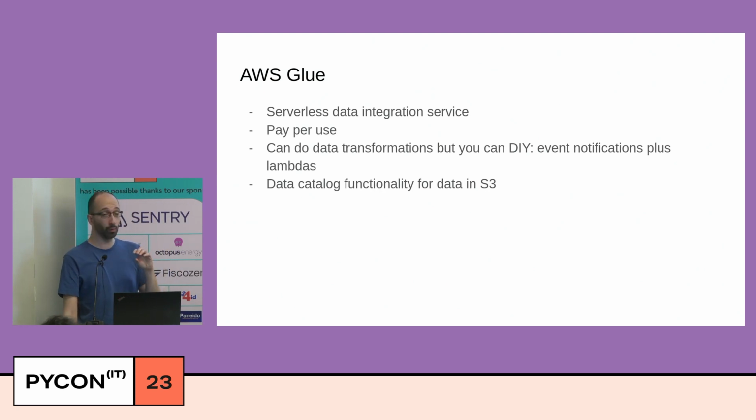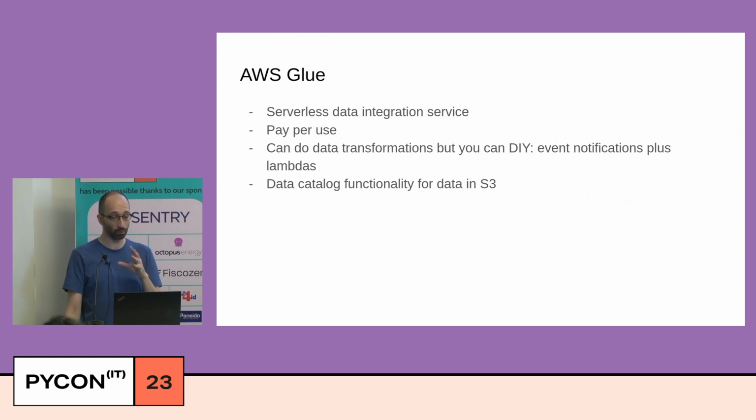We are not doing any transformation of the data once we store it on S3. But if you require any cleaning or transformation, aggregation, whatever, you can do it here in Glue. You can choose to use its own interface, which is based on Apache Spark, so you can use the PySpark libraries.